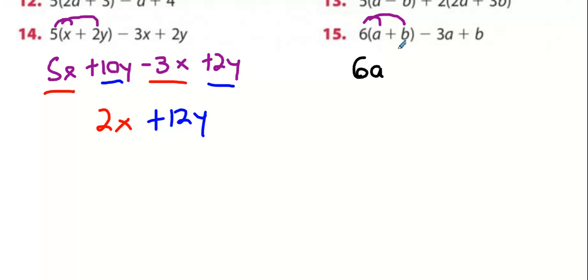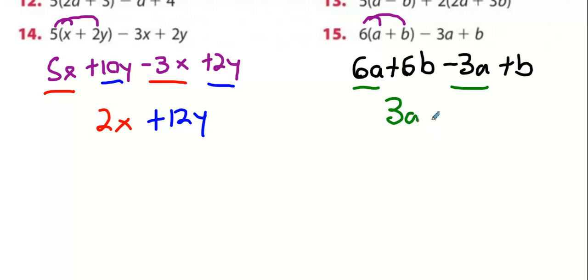You fill this out for me. You didn't fill anything out. 6B. Good job. Still with you, C. Now, what's 6A take away 3A? Exactly. And then what's 6B take away 6B add on 1B?